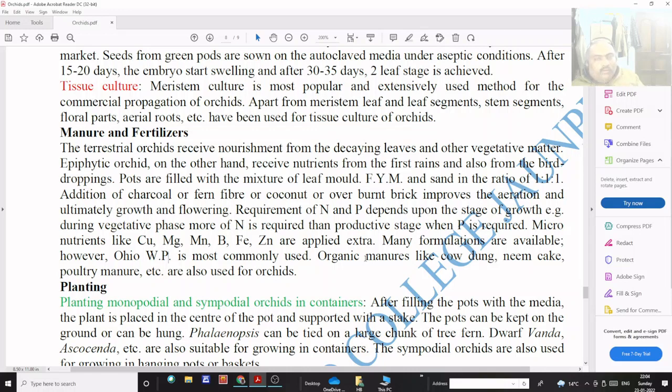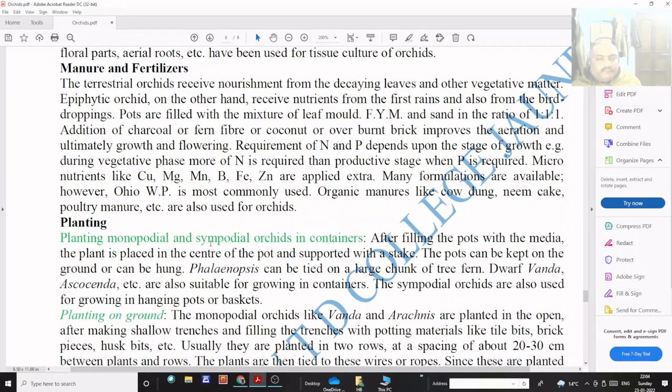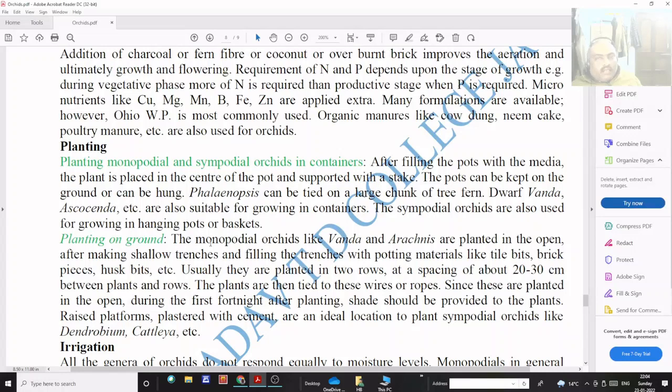We can go for the application of OEOWP in orchid cultivation. Orchids are planted, not all orchids, the terrestrial orchids are planted at a spacing of 30 centimeters apart.